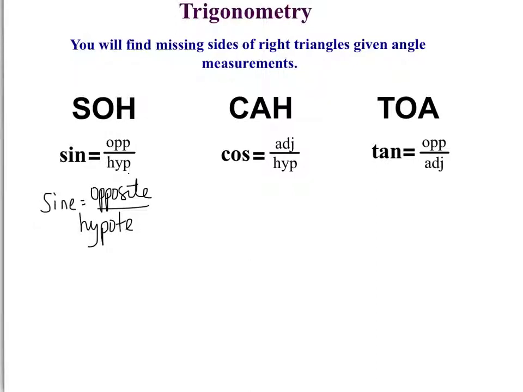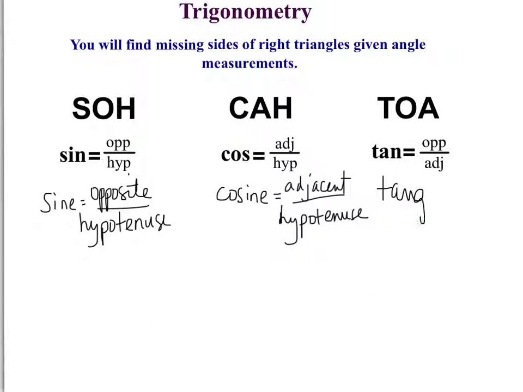The next one, cosine, which you just write as cos, C-O-S, is equal to the adjacent over the hypotenuse. So if you notice, sine and cosine both use the hypotenuse. And the last one is tangent, which is opposite over adjacent.